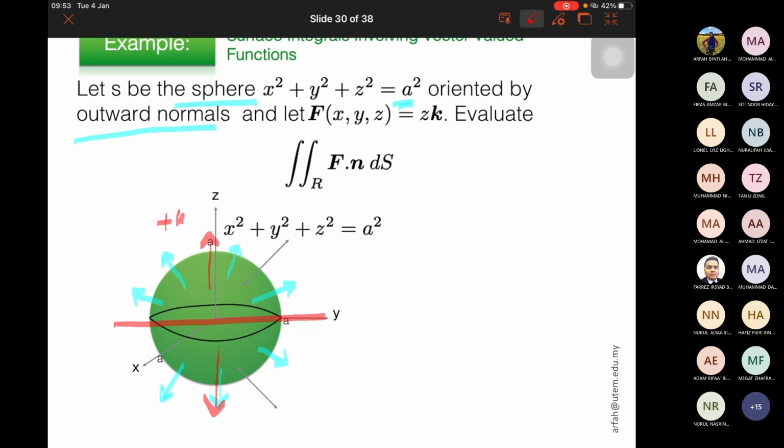So this one akan jadi positive k and this one akan jadi negative k. Okay. So kita akan bahagikan dia kepada dua bahagian, bahagian satu dan juga bahagian dua, untuk dapatkan dia punya flux integral for this unit normal vector. So dia adalah satu sphere, x squared plus y squared plus z squared equal to a squared.